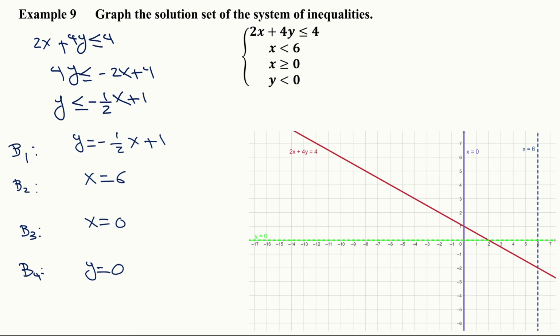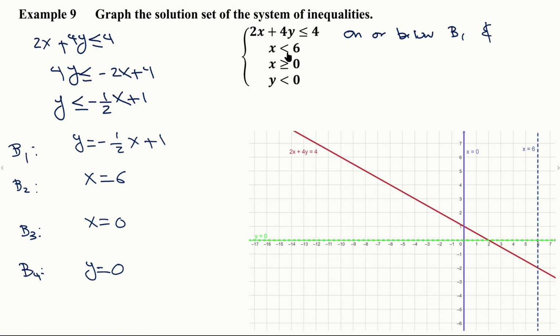All right, so notice that because of the less than or equal to here, we're going to want the points in the plane that are on or below B1. And remember, we've got to satisfy all 4 inequalities.